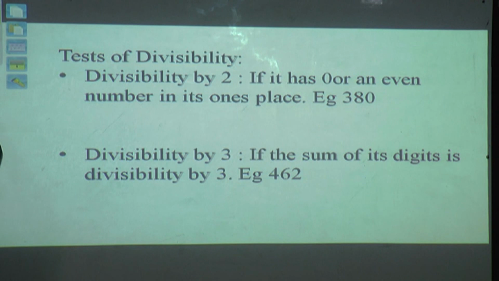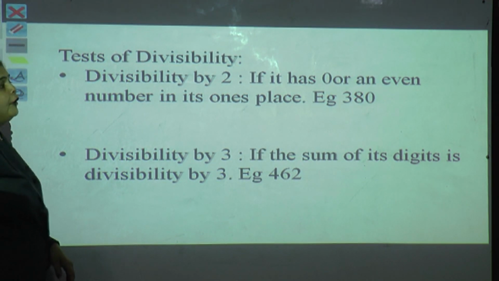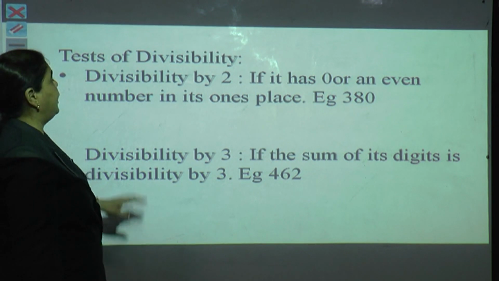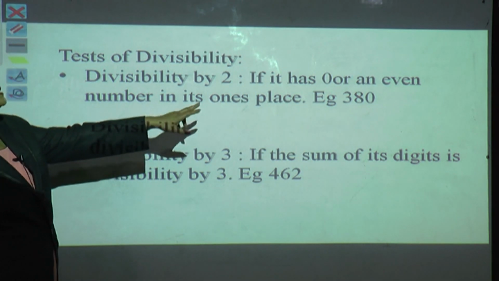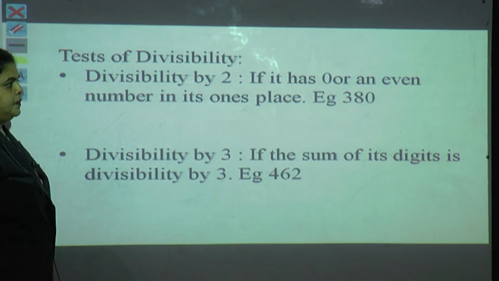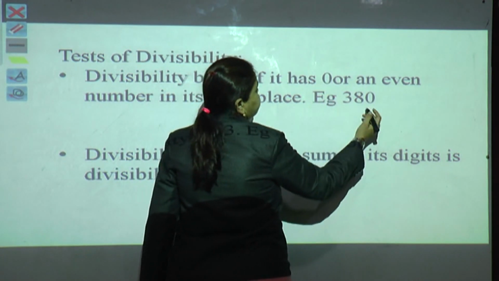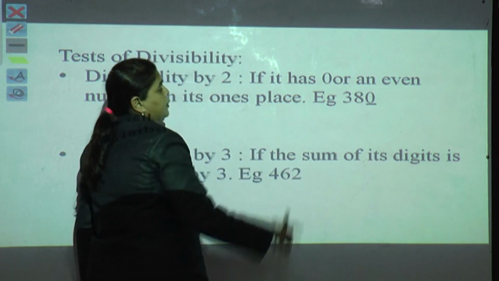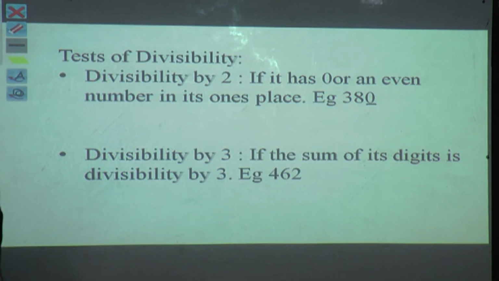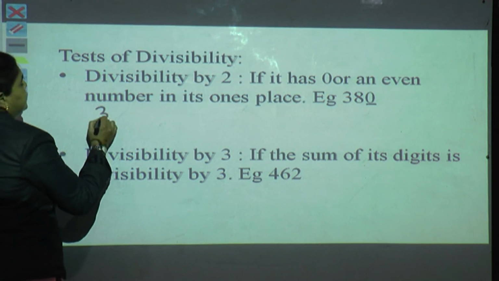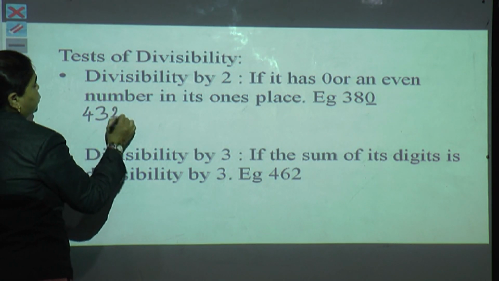So we will learn divisibility by 2. A number is divisible by 2 if it has a 0 or an even number in its ones place. One example is given, 380. Here 0 is in the ones place. Some more examples: 3432.